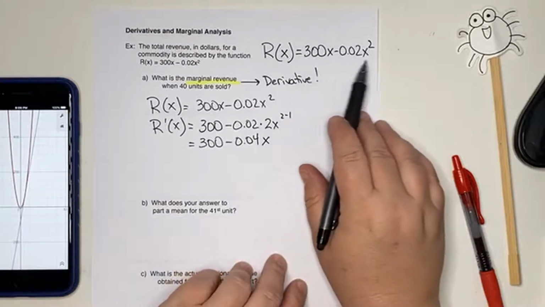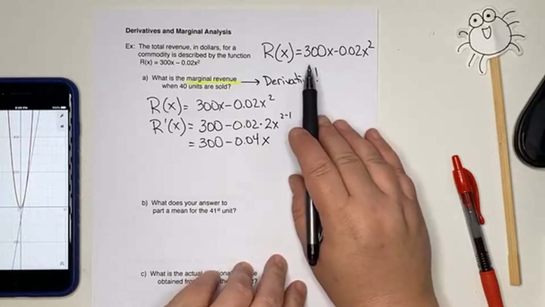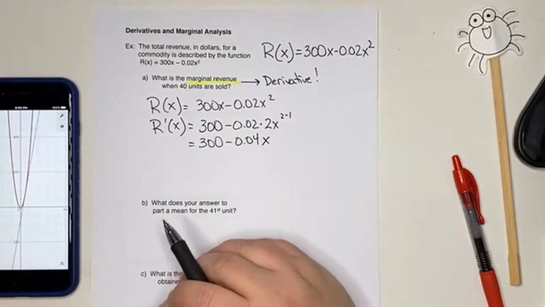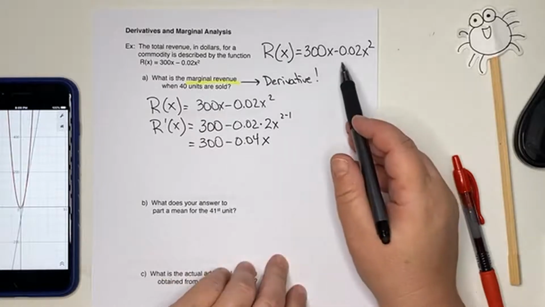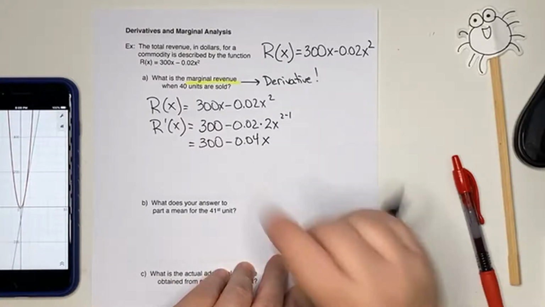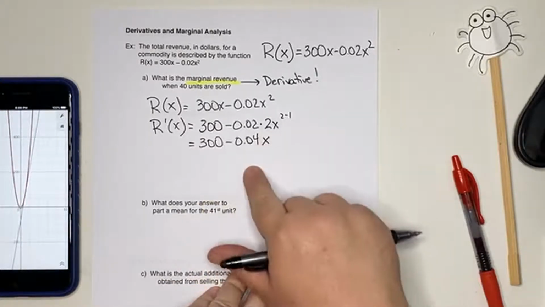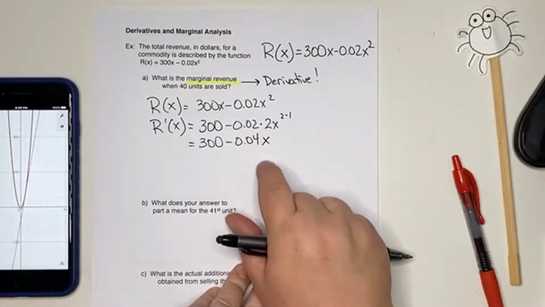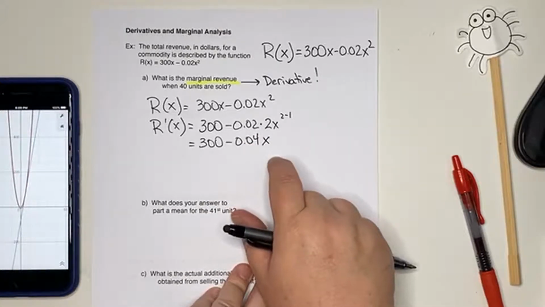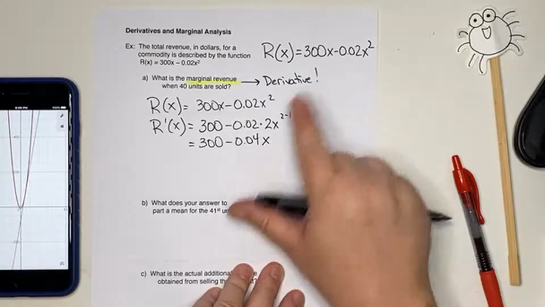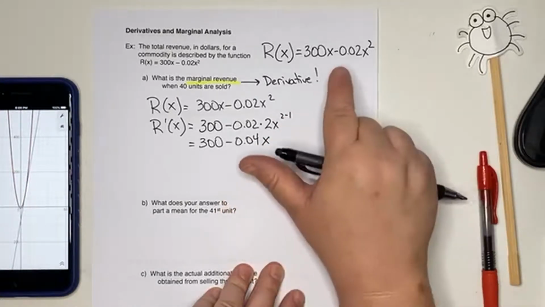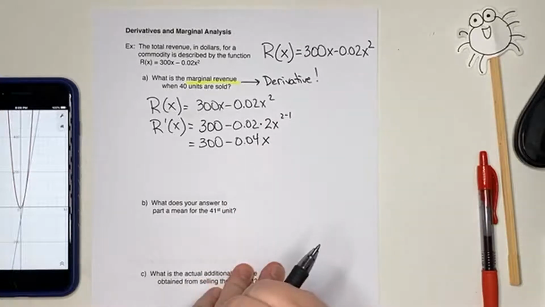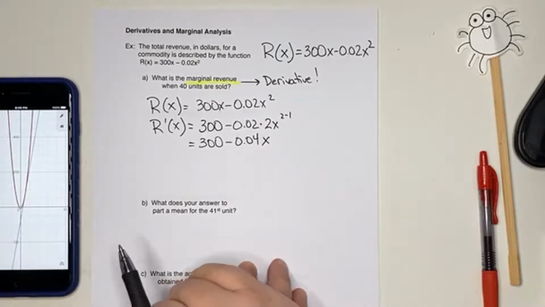Right now we're just working with quadratics, so of course we could graph it. But notice that when we take the derivative, everything gets a bit easier. A lot of times the derivative is easier to work with than the original function, so we work with the derivative and look at what it tells us rather than going to all the trouble of the original. So that's one reason we use it.